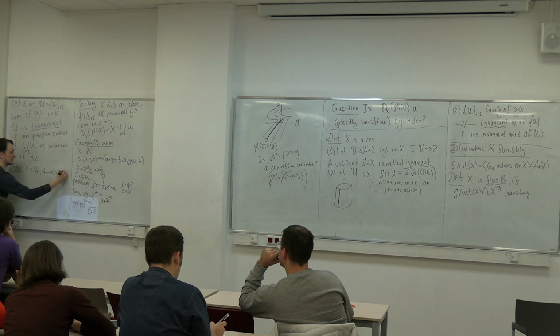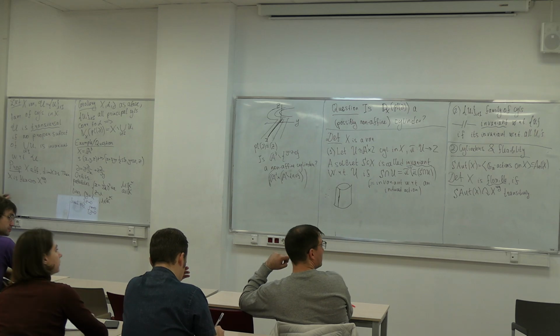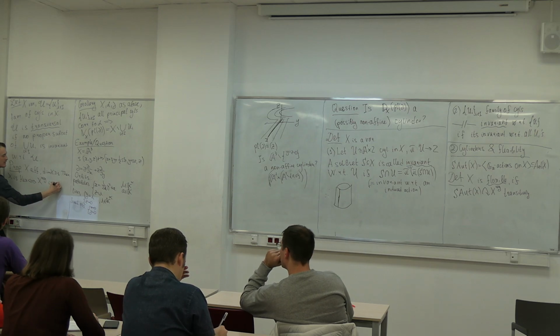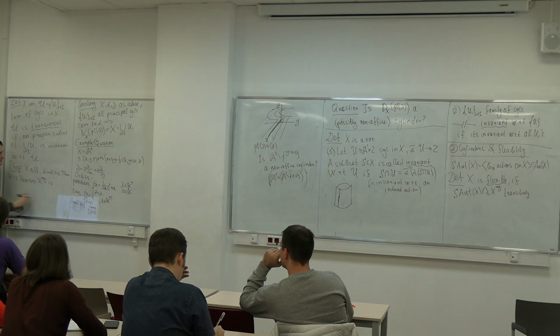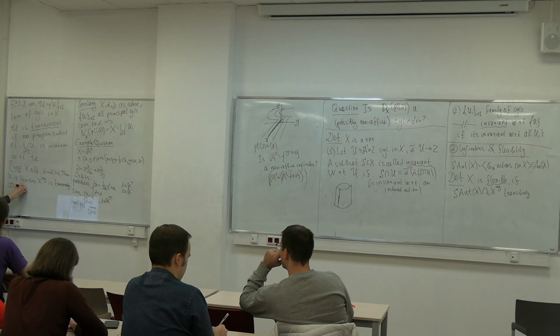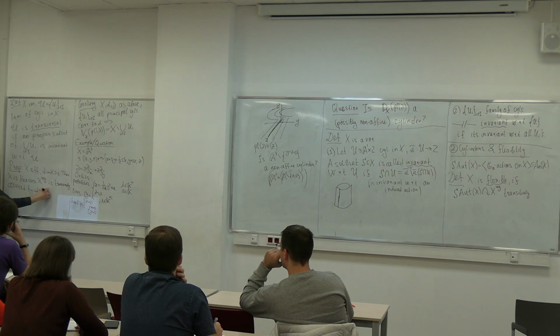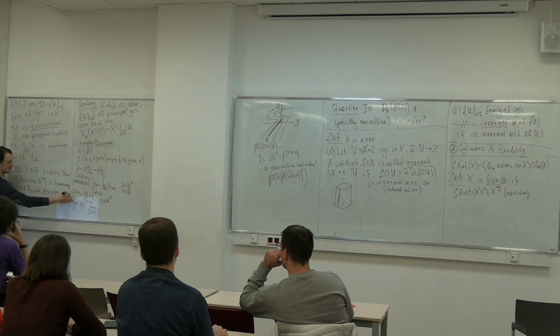And then X is flexible if and only if the regular locus of X is transversally covered by cylinders which are principal in X. Okay.